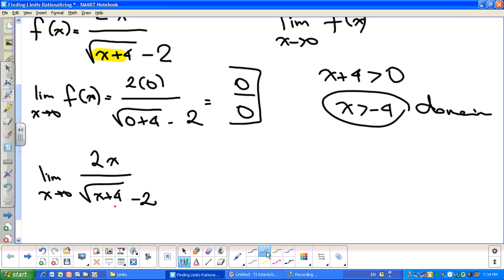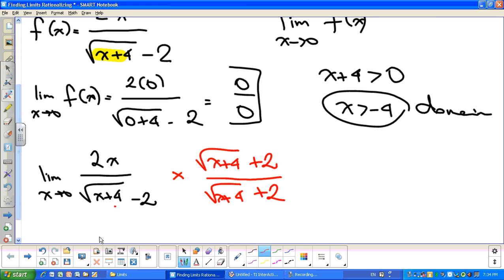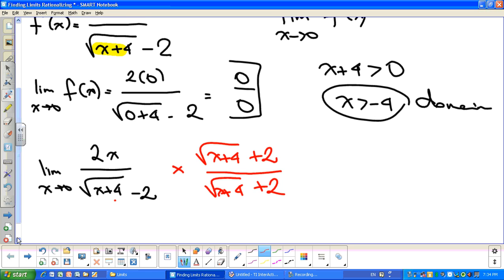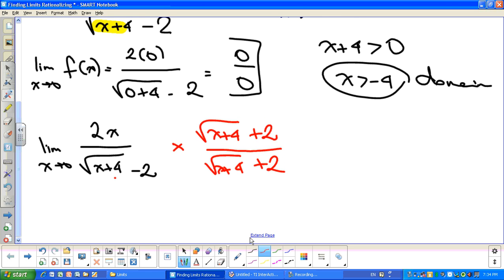I'm going to multiply this fraction, both the numerator and the denominator, by the conjugate of this expression. The conjugate of that expression is square root of x plus 4 plus 2, divided by square root of x plus 4 plus 2. Have I changed anything? No, I haven't. I multiply both the top and the bottom by the same thing, so I haven't changed anything.